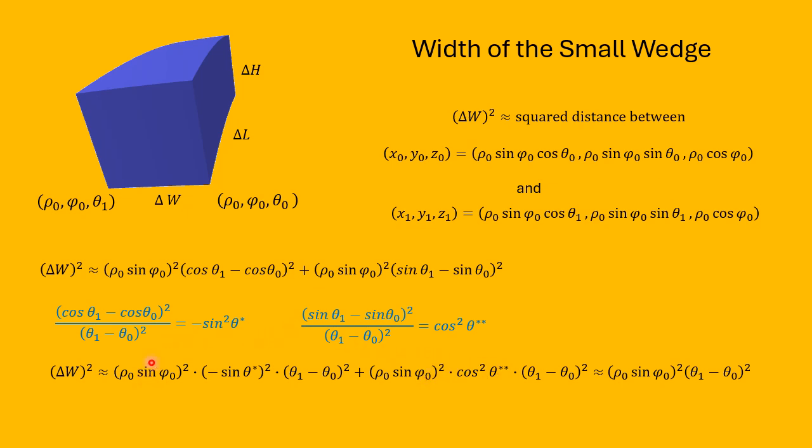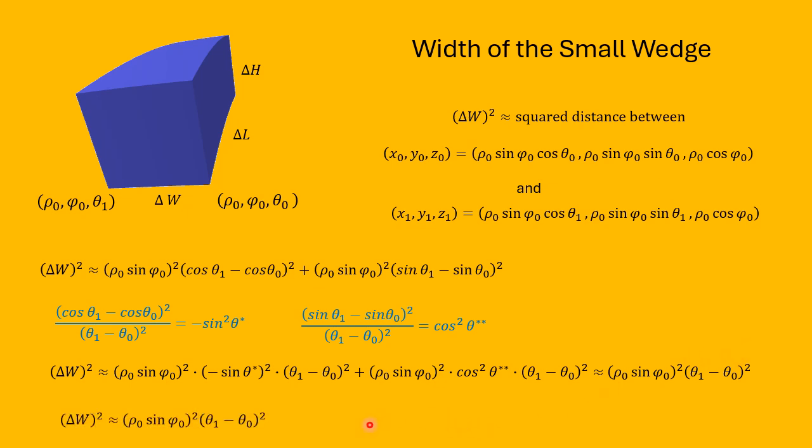You're going to have a factor of rho naught sine phi naught squared, and then sine squared of an angle plus cosine squared of almost the same angle, and that's 1. And then you have a common factor of theta 1 minus theta naught squared. So all of this stuff simplifies to an approximation of rho naught sine phi naught squared times theta 1 minus theta naught squared. That was quite a lot, wasn't it?